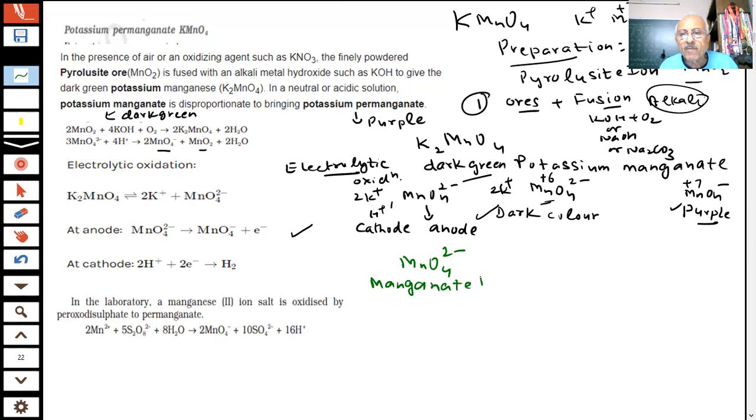Now the question: what is the structure of this? Draw the structure of the manganate ion. This question has been asked. You know it will be sp3 hybridized.